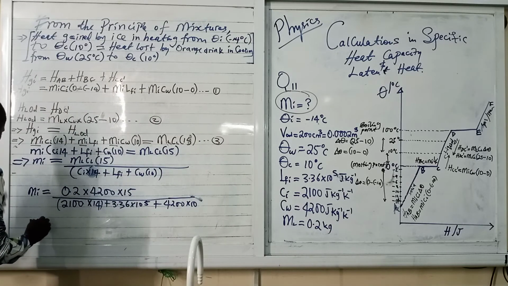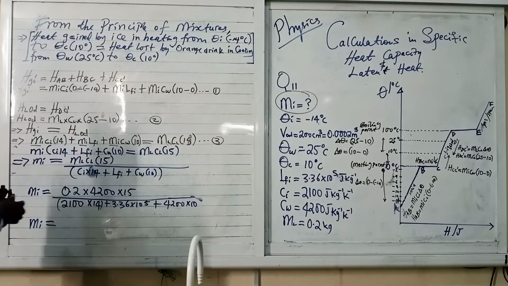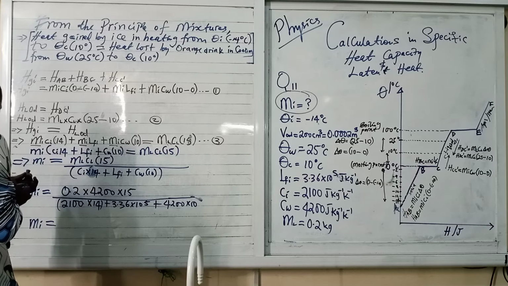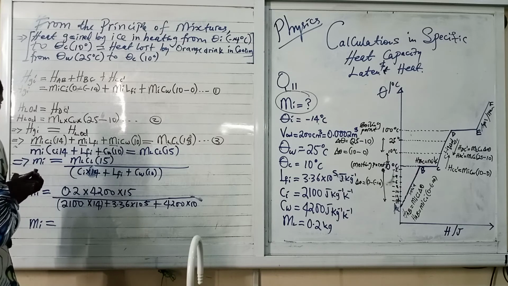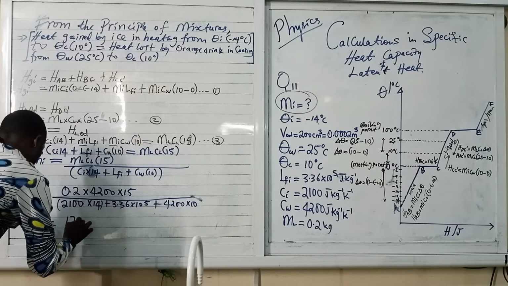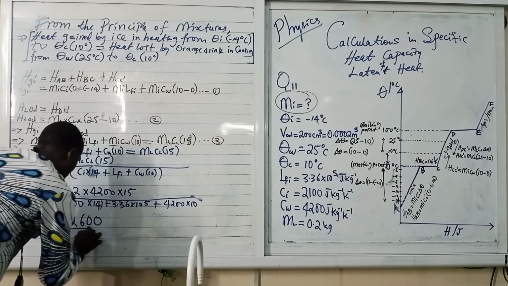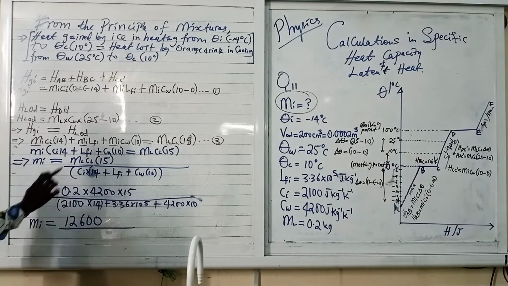So mass of ice, let's do it one by one. We have 0.2 times 4,200 times 15. If we do that, we have 12600. Divide, stage by stage.